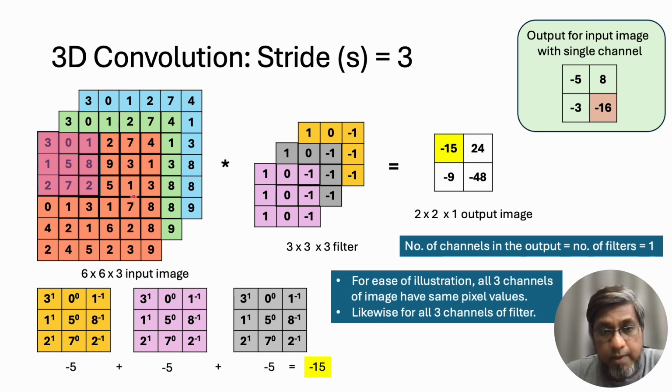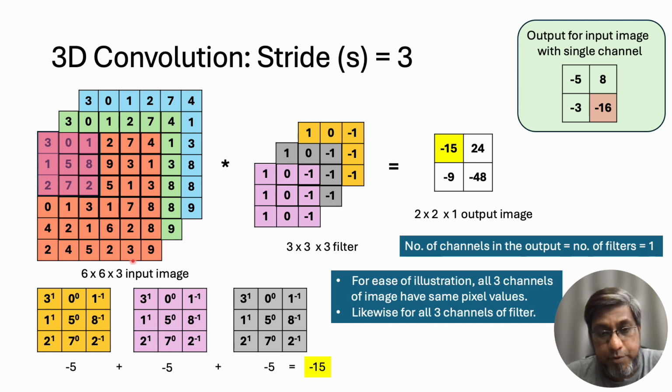And we are going to perform convolution of this 6x6 input image, which has 3 channels, with a filter of size 3x3. And as before, when we perform convolution, the depth of the filter, that is the number of channels of the filter, must be the same as the number of channels of the input image.